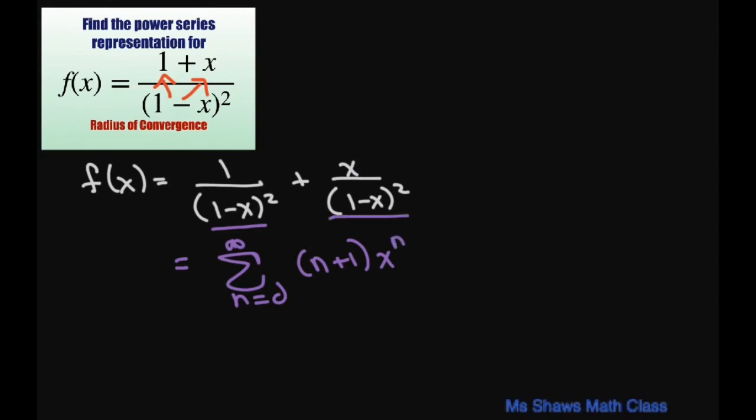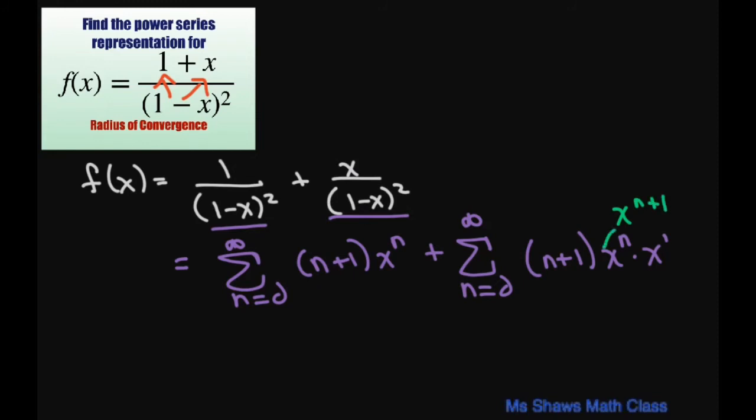And this is the same thing, except that we are multiplying it by x. So basically it's going to be the sum n equals 0 to infinity of n plus 1, and now it's x to the n times the x, and that's just going to equal x to the power of n plus 1. That's the only difference between the two.